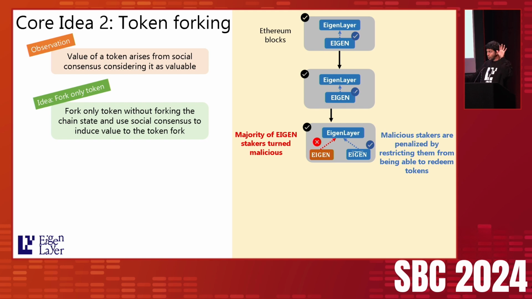But looking from the outside, we know the pre-agreement on what is the eigen token is the one that says the truth. Okay? So people converge on eigen 2 as the token that is valuable. When people are trading it, they're going to trade eigen 2. When people are staking it, new services come in, they would want eigen 2 to be staked, not eigen 1.